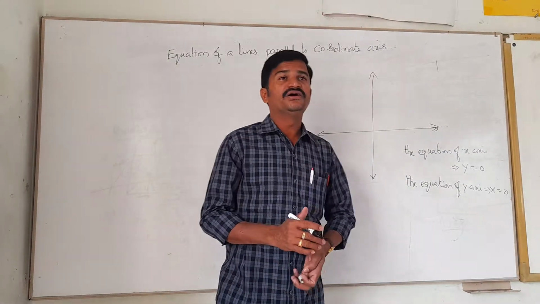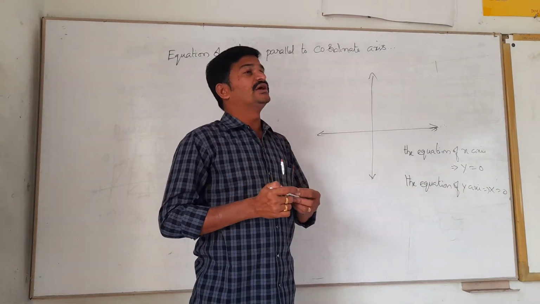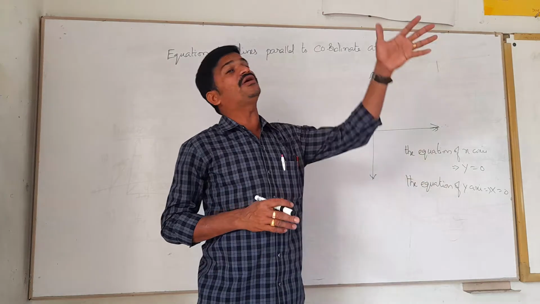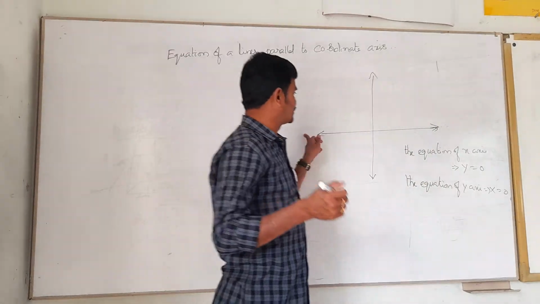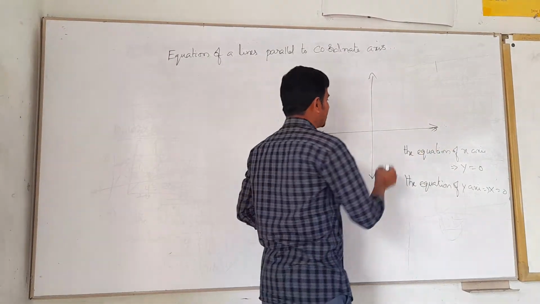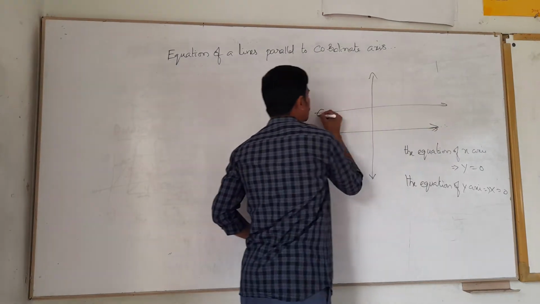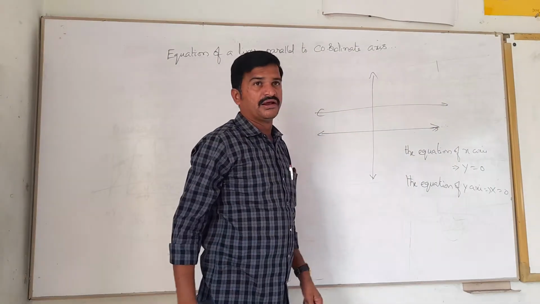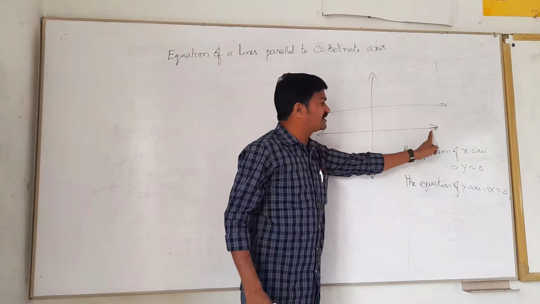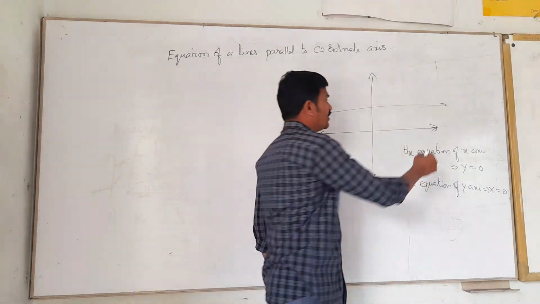But here we are going to learn about the equation of a line parallel to a coordinate axis. Suppose this is the x axis, na? For this x axis, this is a parallel line. What is the equation of that line? How many parallel lines can you draw for this x axis? Infinite.